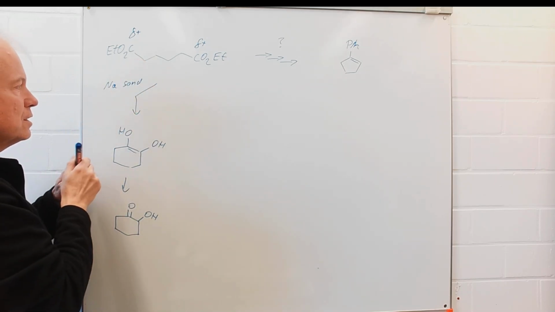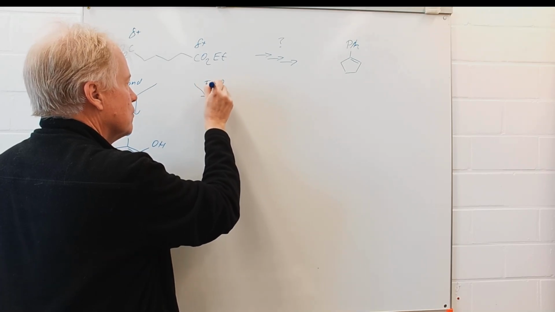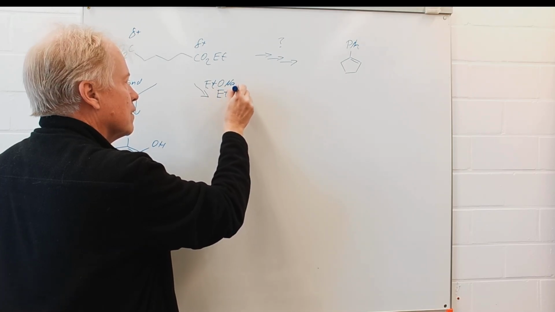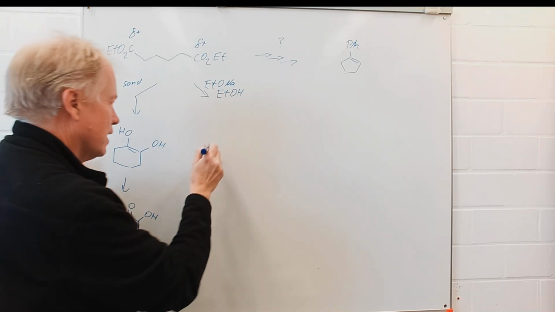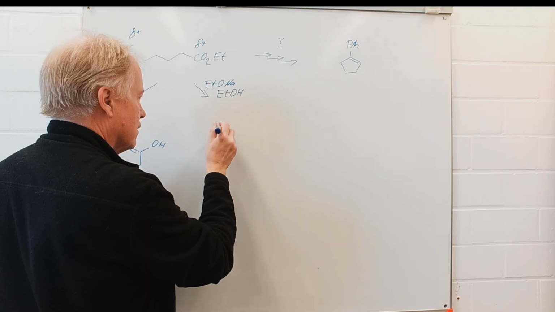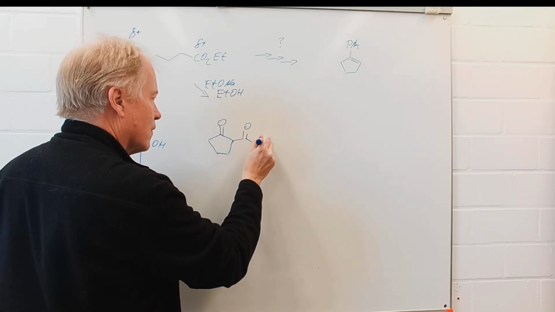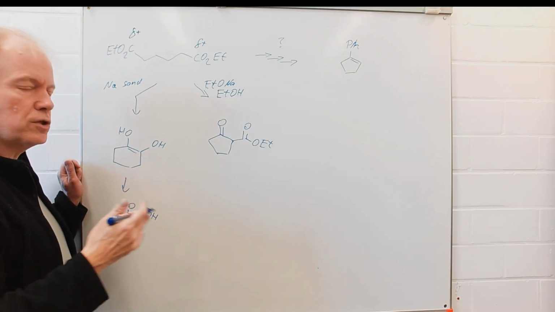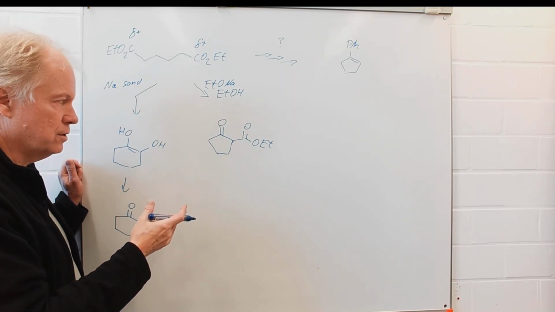So deprotonating here with an appropriate base, this can be, for instance, sodium ethanolate in ethanol, addition, elimination reaction, and what we would get there is this product, the product of an ester condensation.